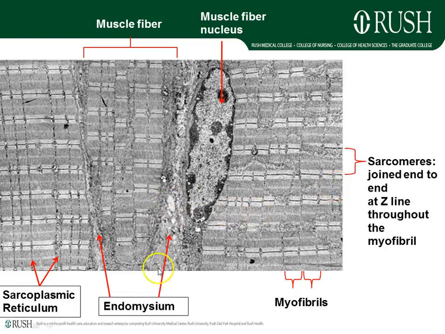Between those, you can see the evidence of the endomysium, that delicate connective tissue layer between muscle fibers. Within each one of these large muscle fibers, you can see numerous myofibrils, each one of them ensheathed by sarcoplasmic reticulum. And you can also see the sarcomeres, which are joined end to end to end along the length.